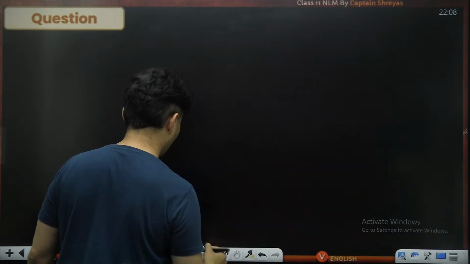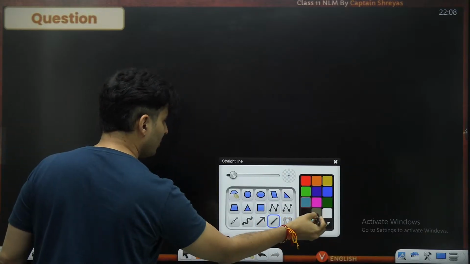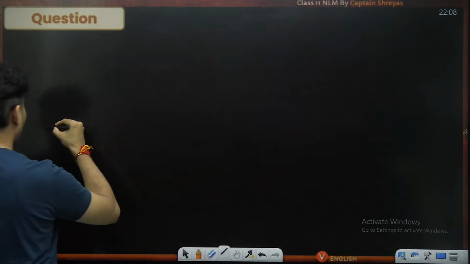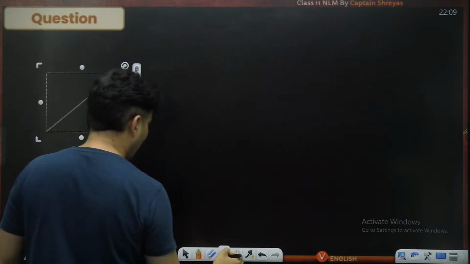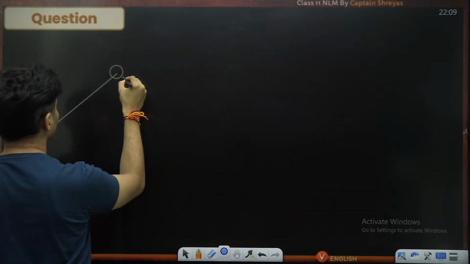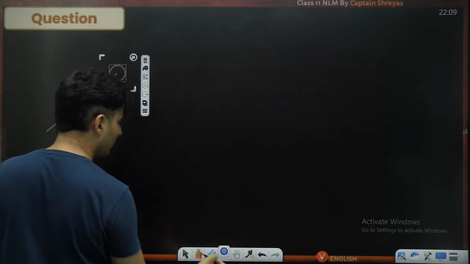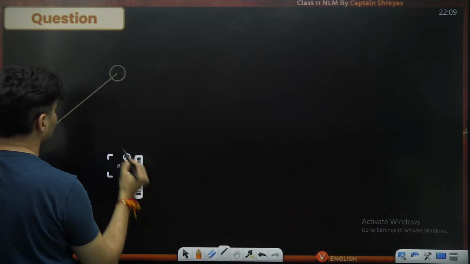Here it comes. Imagine now we give you an inclined plane. Okay, an inclined plane is there, and let's say there is a pulley like so.